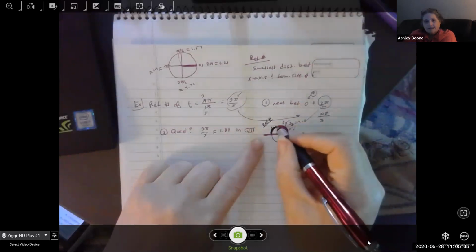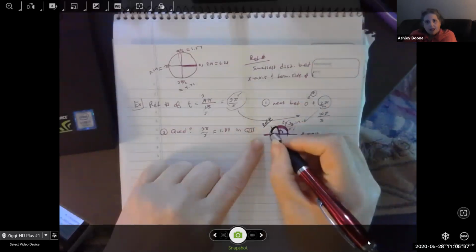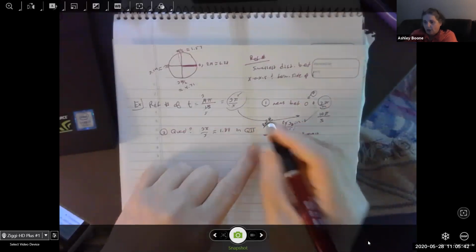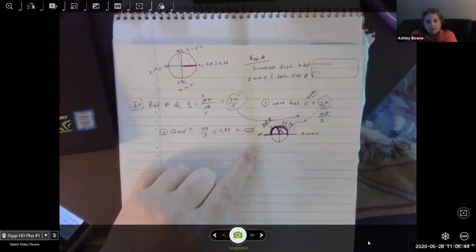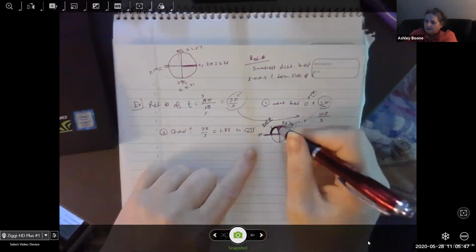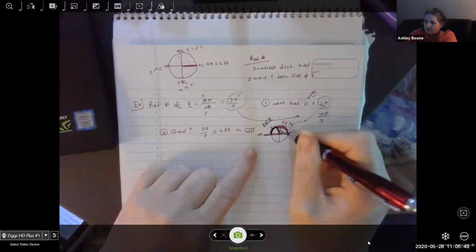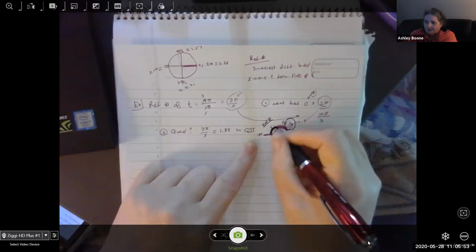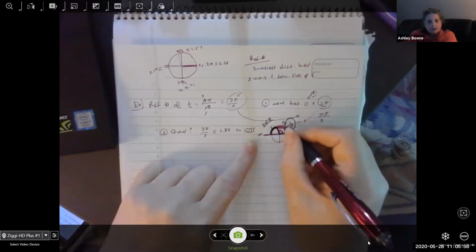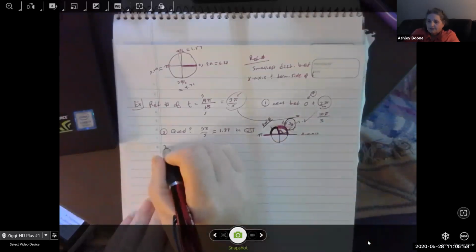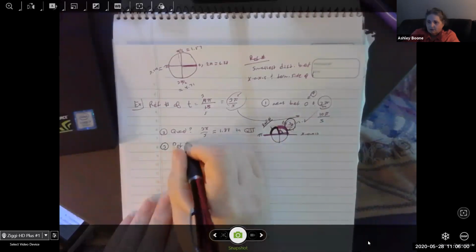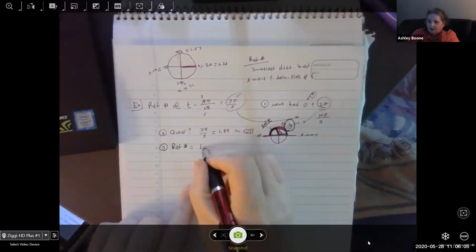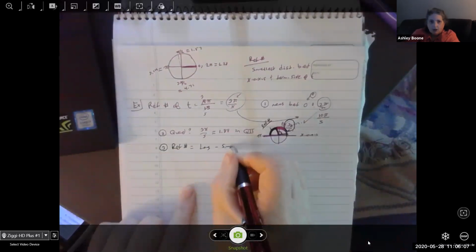Well, how can I get this distance? I know that the distance from the very beginning all the way over is pi. I know that the distance from the beginning to right here is 3 pi over 5. I want this, the difference between those two measures. So always take the larger minus the smaller.